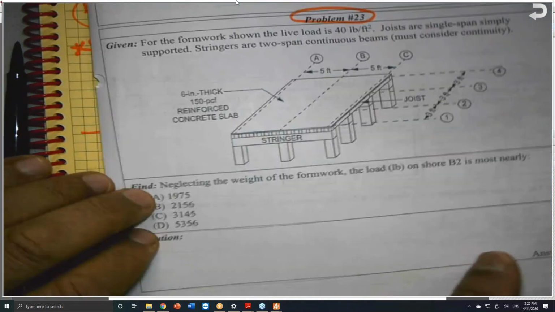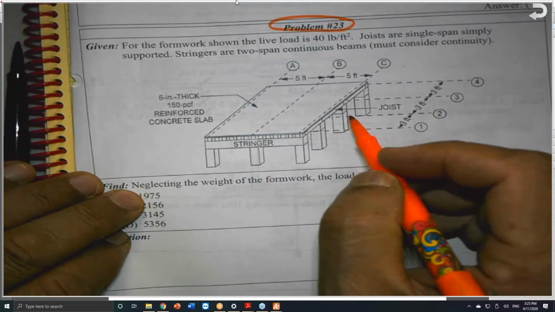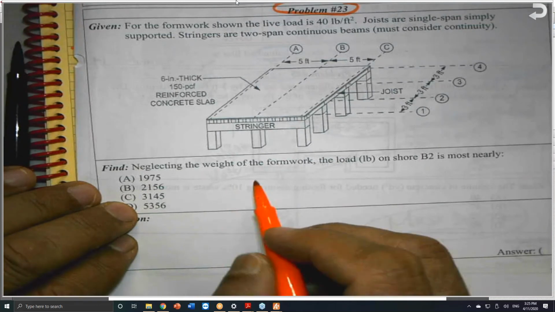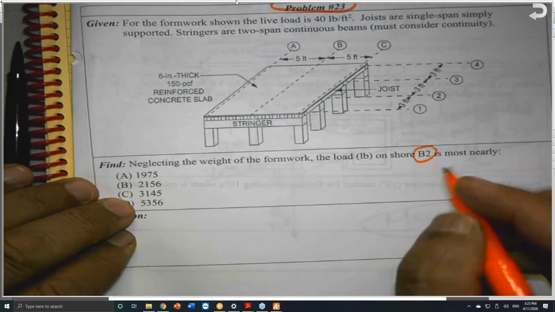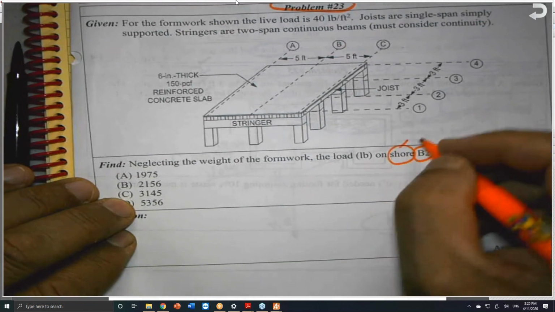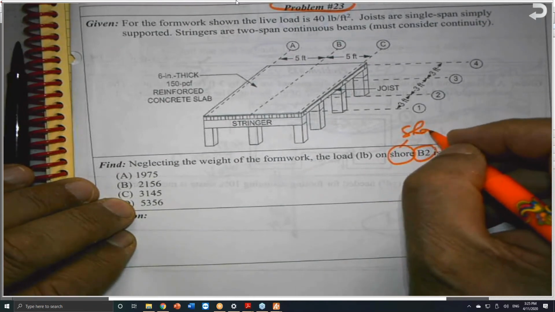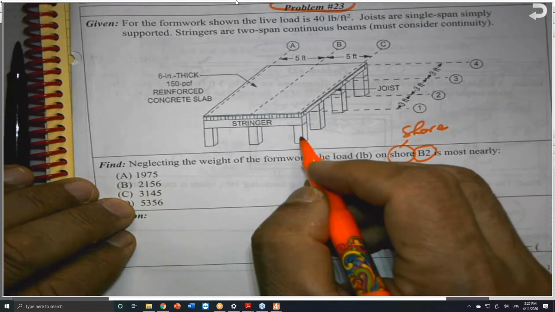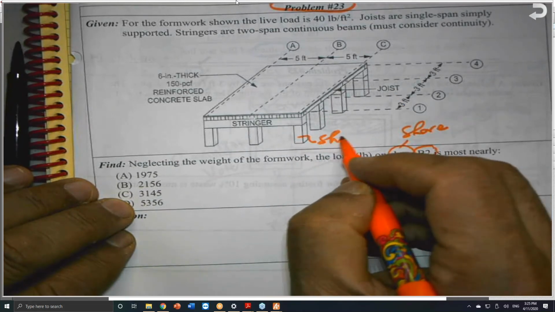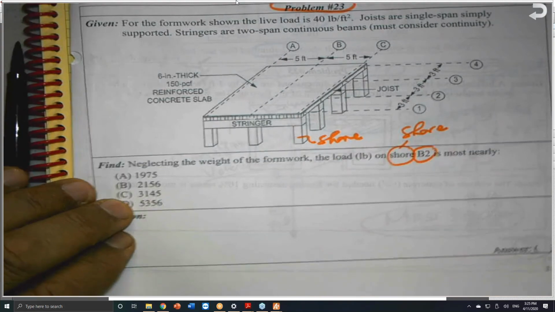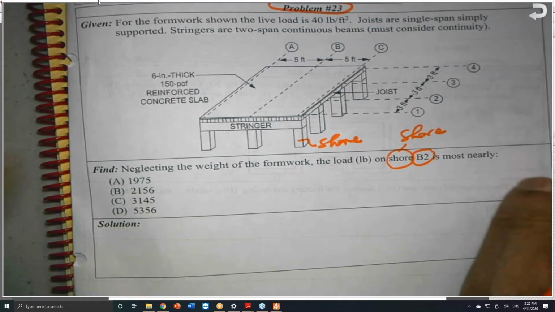But for this one here, he's asking what is the load on the shore B2. Shore means a column. Shore is a vertical column. This came from a shoring system.